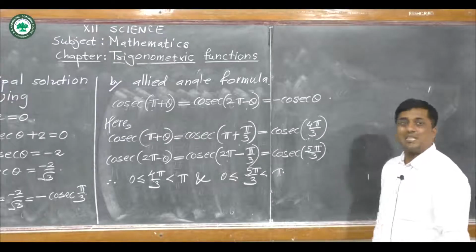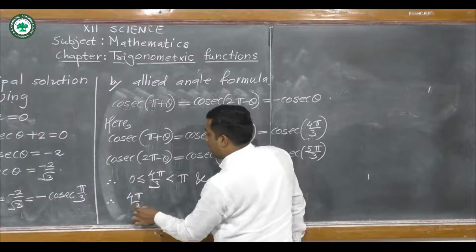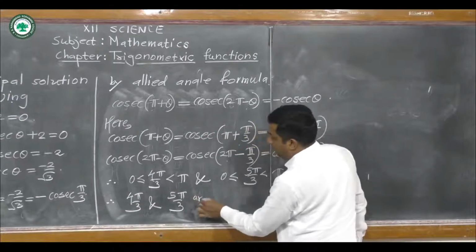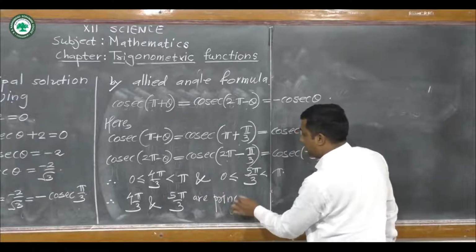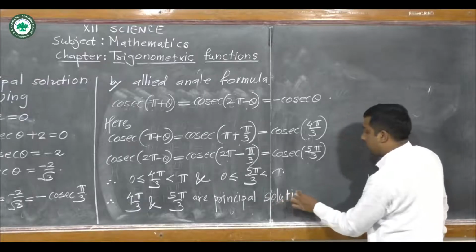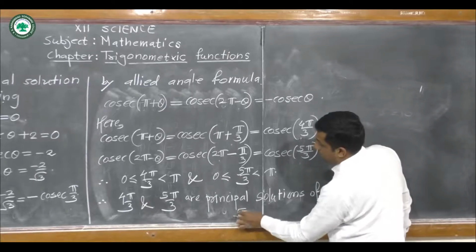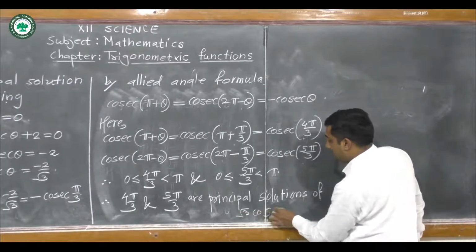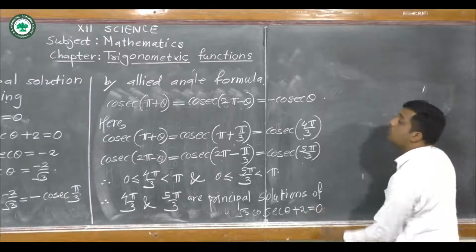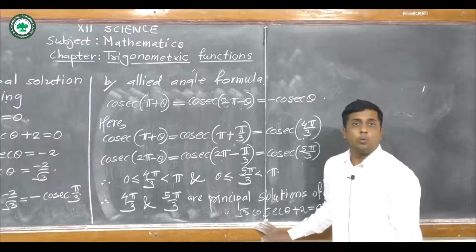If these two lie in between 0 and pi, we directly say therefore 4 pi by 3 and 5 pi by 3 are principal solutions of the given trigonometric equation root 3 cosec theta plus 2 is equal to 0. So we find the principal solution.